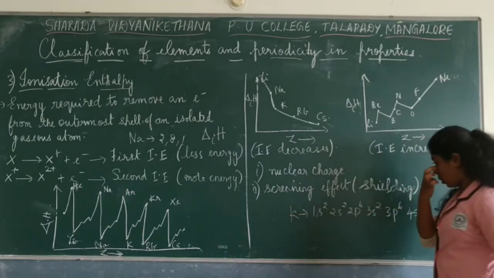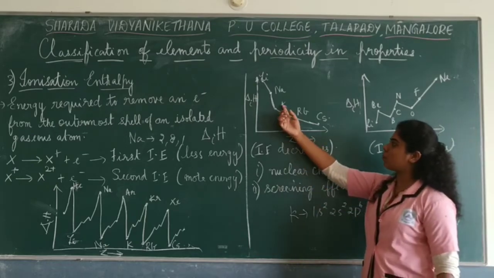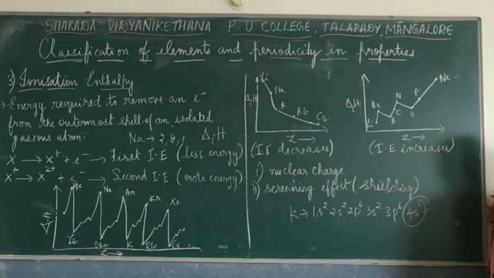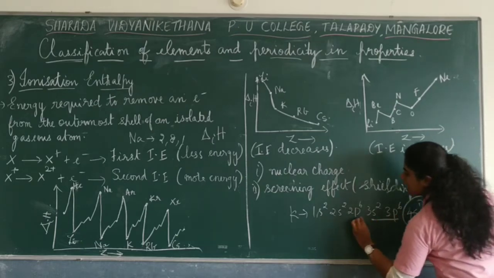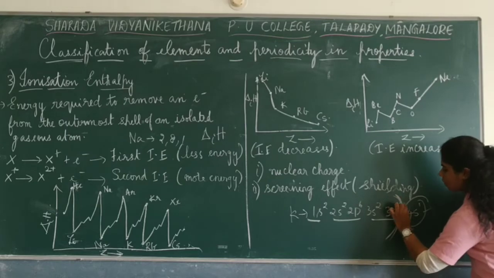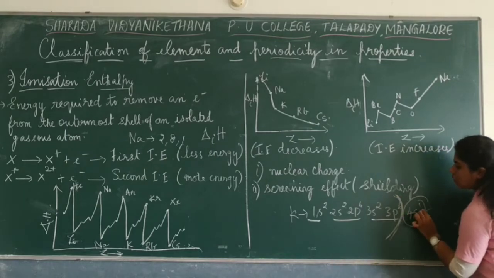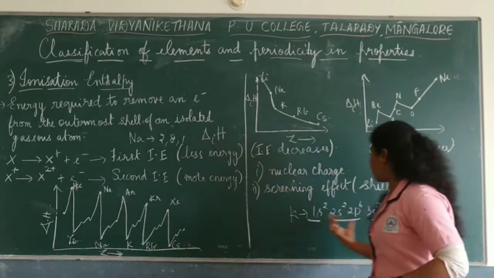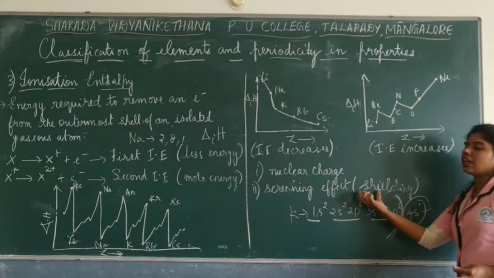Potassium. Okay, potassium is an alkali metal. Now if you have to remove this one electron from the outermost shell, these inner electrons are going to shield the outermost electrons. That means they will not allow the valence electron to get attracted to the nucleus. So this particular effect is called screening effect or shielding.